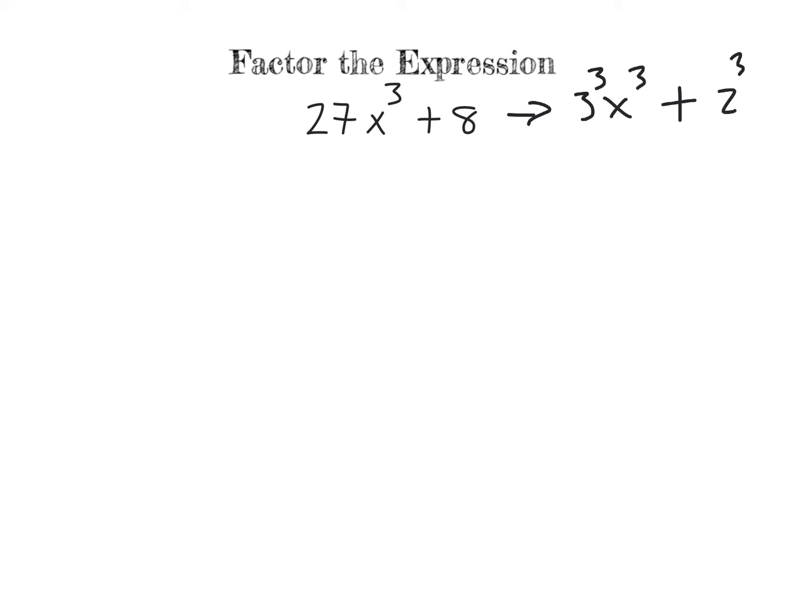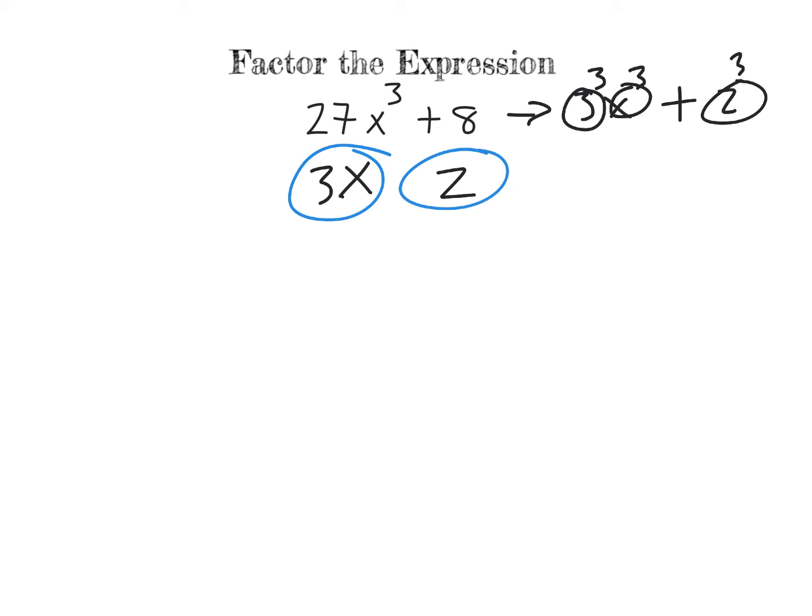So if you write it this way, you can identify your three terms that you're dealing with, 3x and 2. The purpose of identifying these cube roots, remember, is because these two numbers is what's going to help us manipulate and get the rest of the factors.